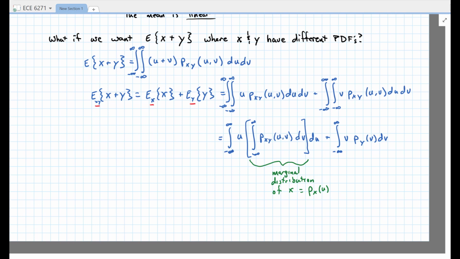So as a general rule, we can see when we have functions of random variables or combinations of random variables, the linearity still holds. And not only that, we kind of drop these subscripts, because when it comes time to calculating it, we just calculate the expectation with respect to whatever PDF is appropriate for what's inside the bracket. And so everything works out just fine.